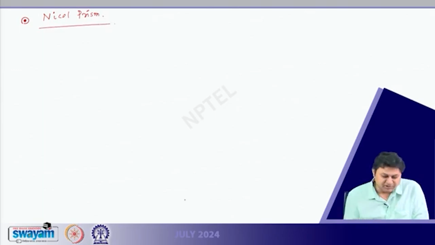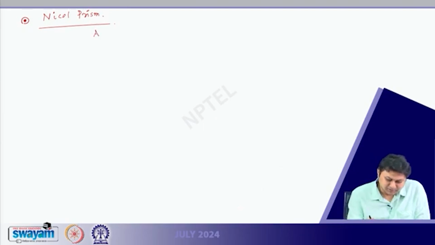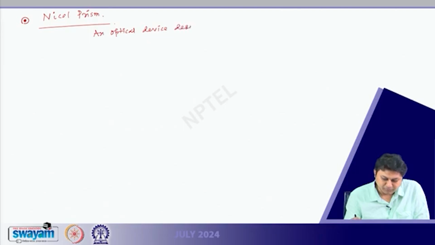A Nicol prism is essentially an optical device designed from calcite crystal.